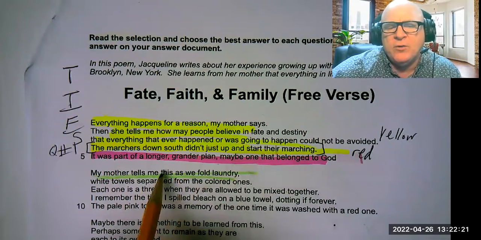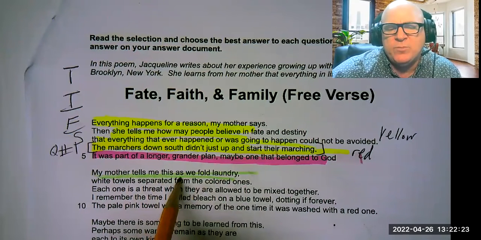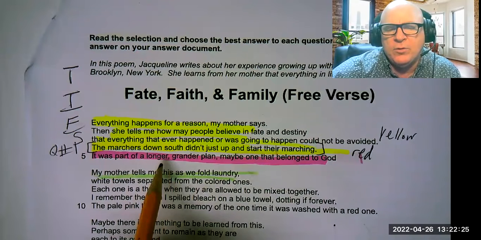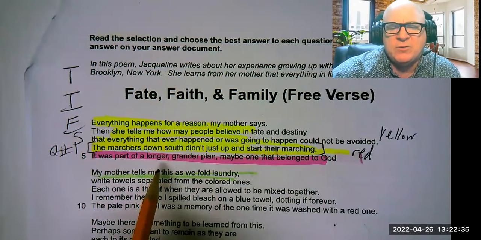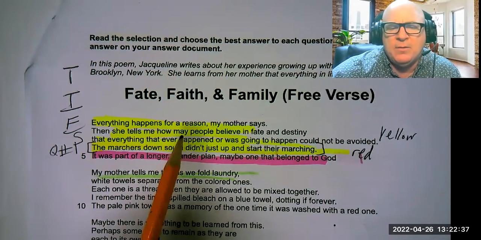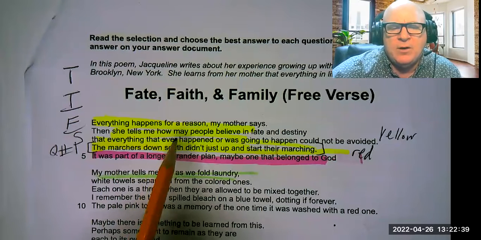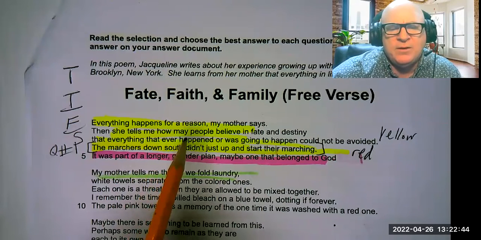So always have your kids highlight what's being asked about in red or with their red pencil, what they need to look at before in yellow to back it up, and to go forward in green. Everything happens for a reason, my mother says. Then she tells me how many people believe in fate and destiny.